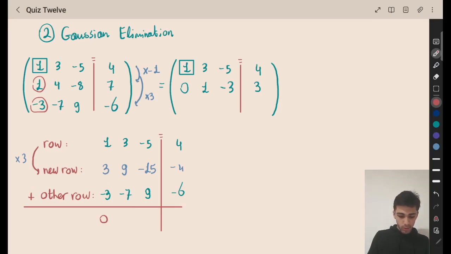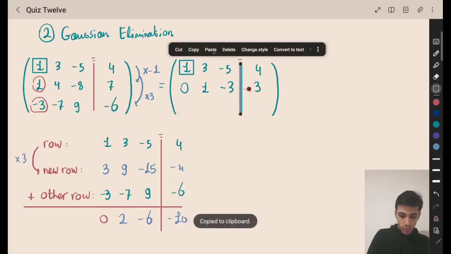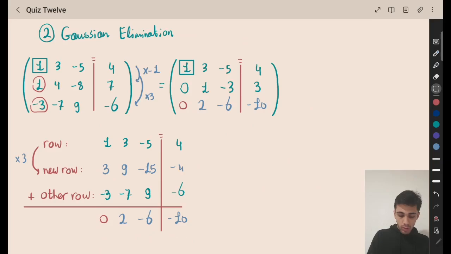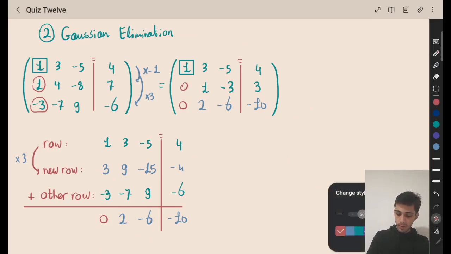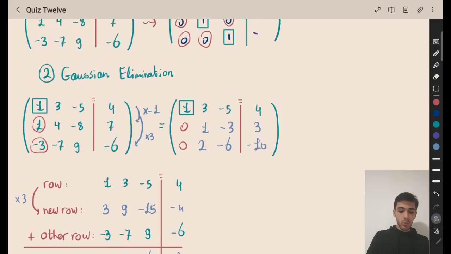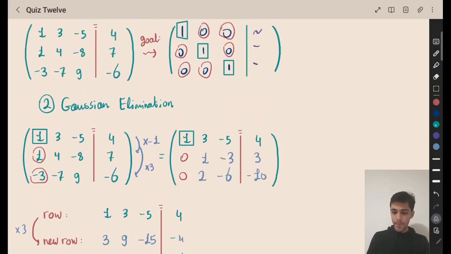But for the other ones, they do not necessarily have to cancel. 9 minus 7 is 2, minus 15 plus 9 is minus 6, and minus 4 plus minus 6 is minus 10. Great, then I've successfully secured the zeros here. I'm happy with this. And I'm one step closer to my goal.